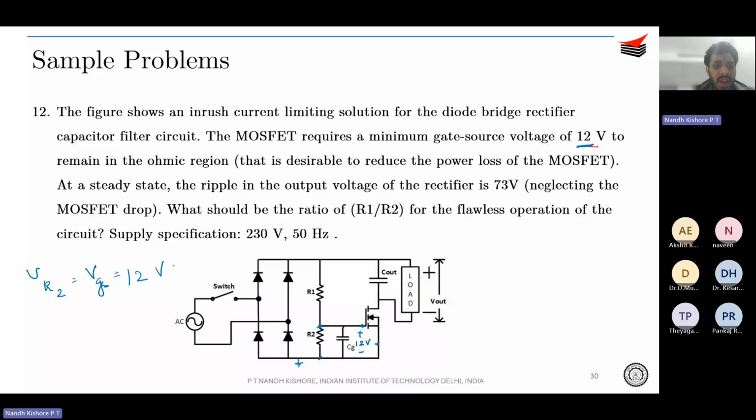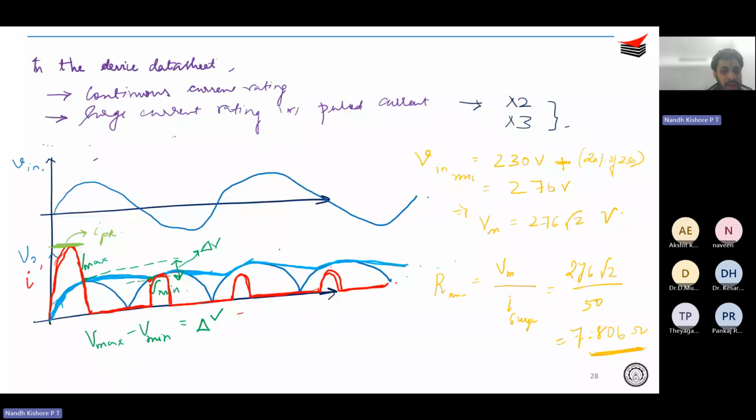And they have also given that at steady state, the ripple in the output voltage is 73 volts. Ripple means we just saw that. So this is your ripple, that is the delta V. Let me draw it properly.